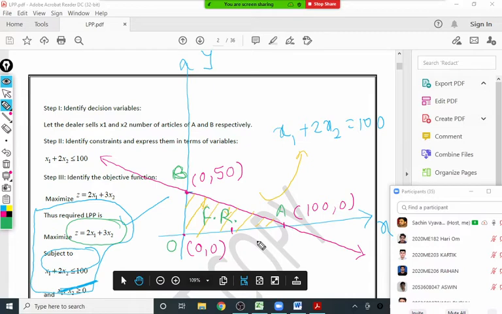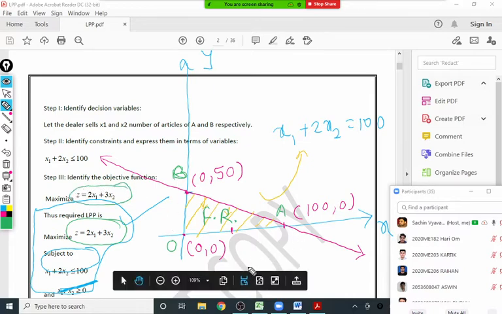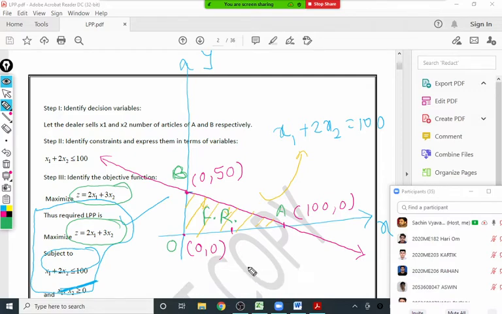We just have to calculate the value of z at each corner point, and that gives us the maximum solution. So let me calculate z. At 0, 0, if you replace x1 and x2 as 0, what is the value of z? 0.